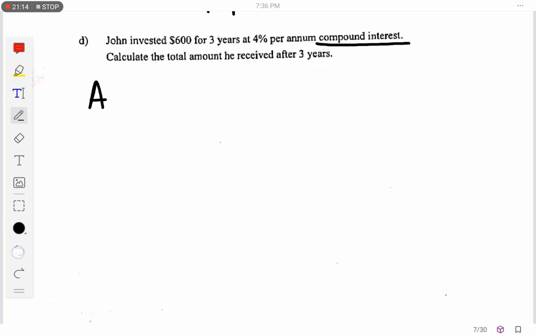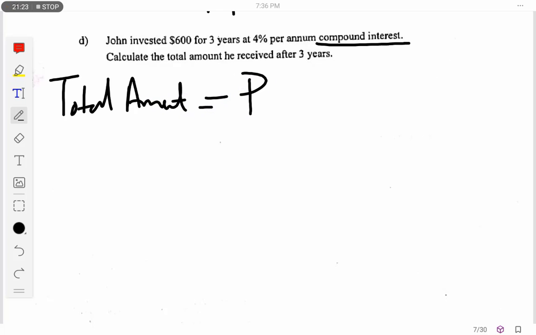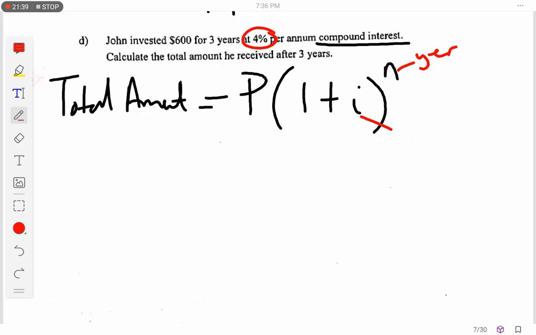The total amount is going to be equal to our principal by our 1 plus interest to the power of n, of which our n here are the years and our I there is our percentage, per annum.